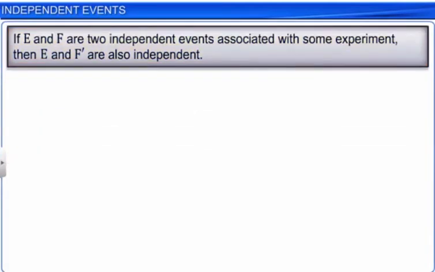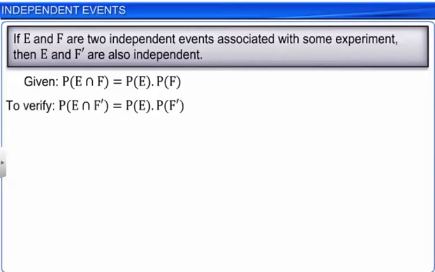It is given that the probability of E intersection F is equal to the probability of E into the probability of F, since they are independent events. Here, we have to prove that the probability of E intersection F complement is equal to the probability of E into the probability of F complement. Let's begin with the proof.